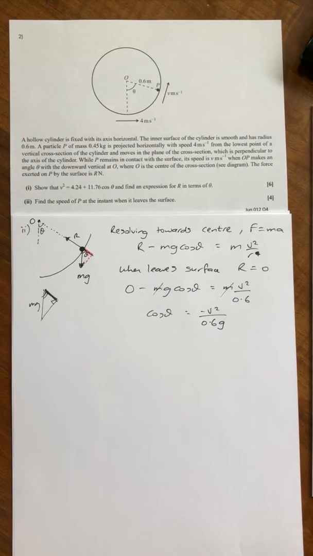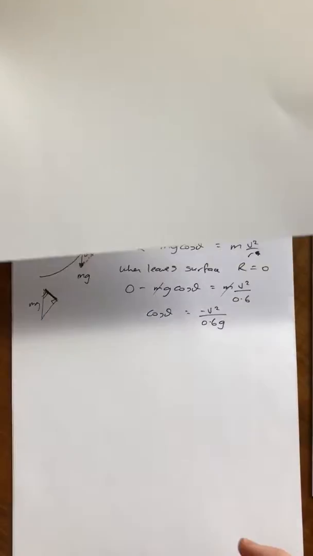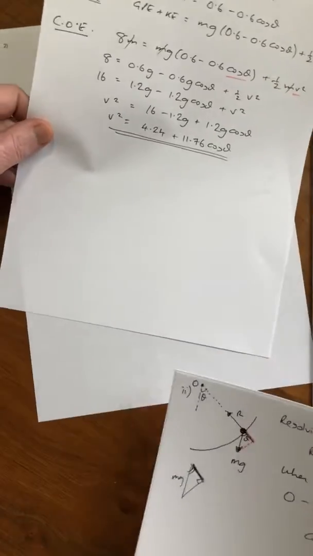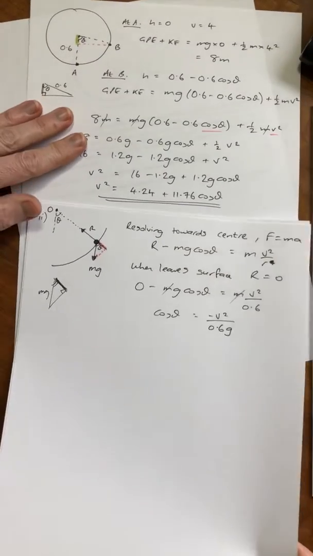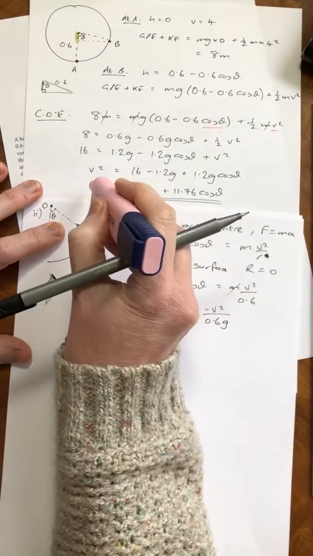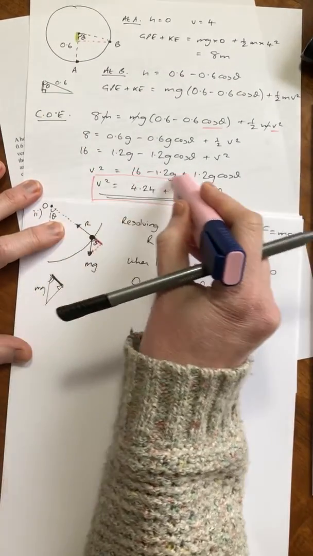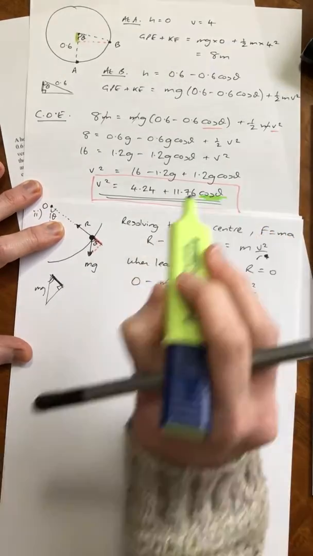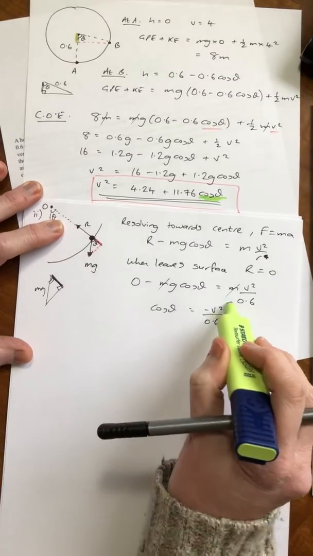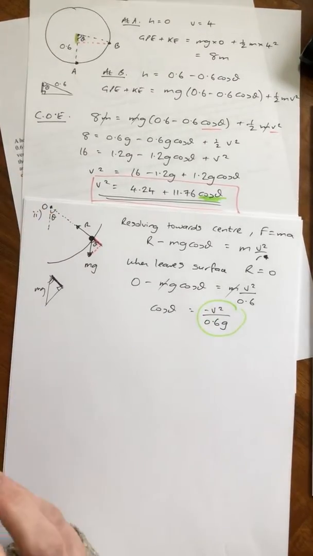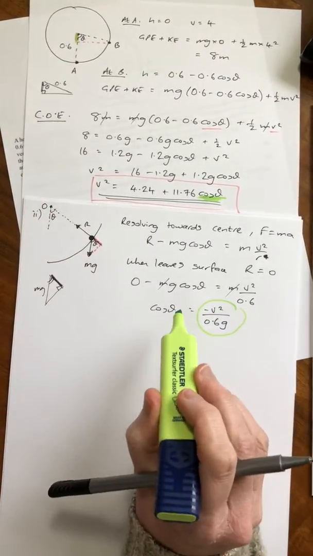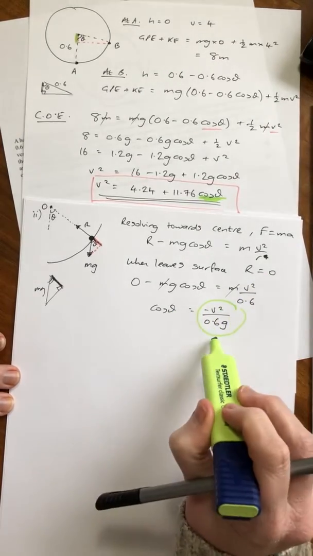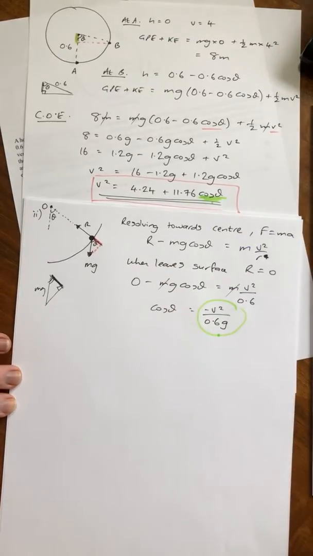The reason that I put it in that form is that now we can look back at part 1. Here we had an equation for v, and in particular we had a cos theta expression. What I've got is an expression for cos theta. This is the cos theta for which R is equal to 0. But I can substitute that into there.